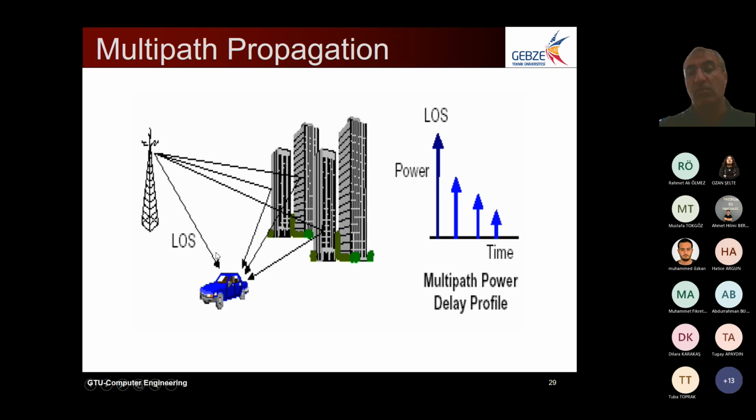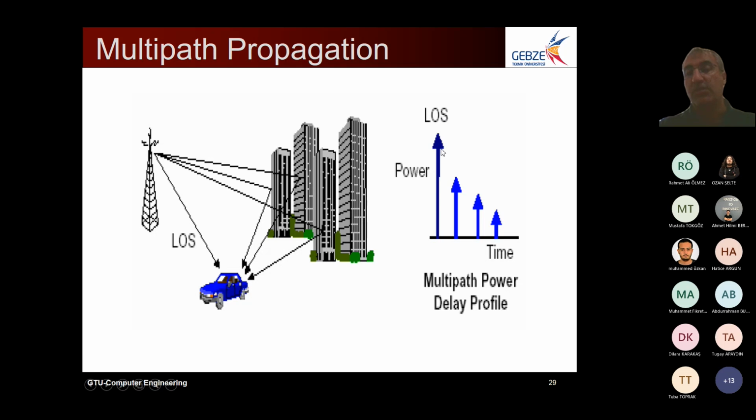The shortest path is called the line of sight, which arrives first because it is the shortest path. Then we have a second path, a third path, a fourth path, and so on. Because each of them arrives at a different delay, we model this profile as a multi-path power delay profile.